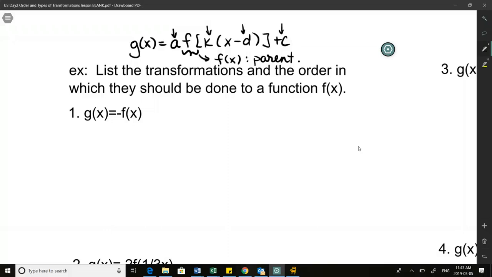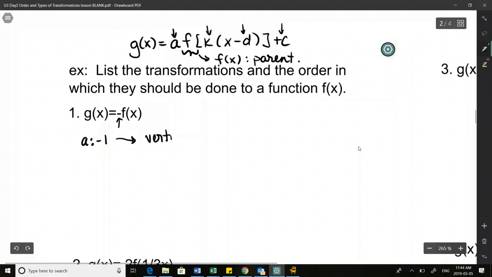Okay, so this value right here, this is a -1, it's being multiplied. Is this an A, K, D, or C? This is an A. So A here is actually just -1. So because the magnitude is still 1, it's not stretched or compressed at all, but this is a vertical reflection. Okay, so there's only one transformation, a vertical reflection.